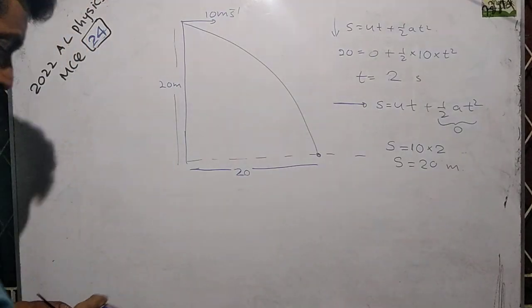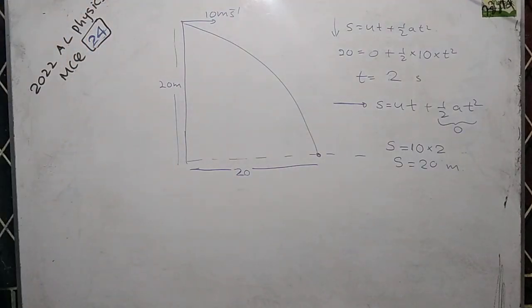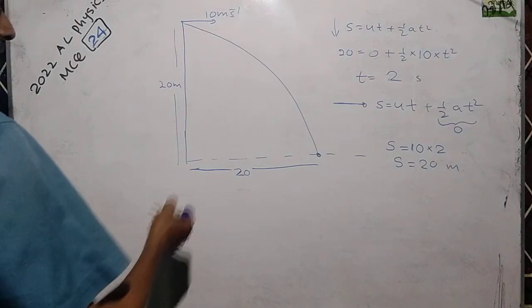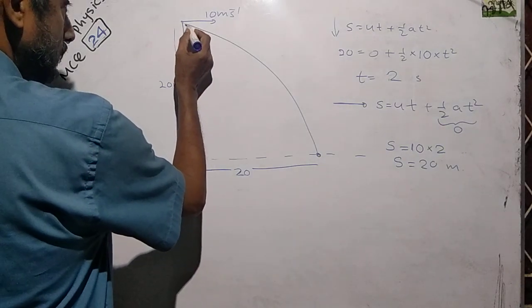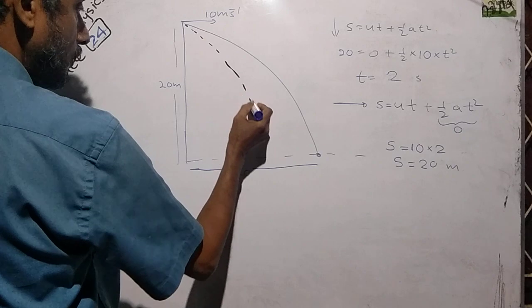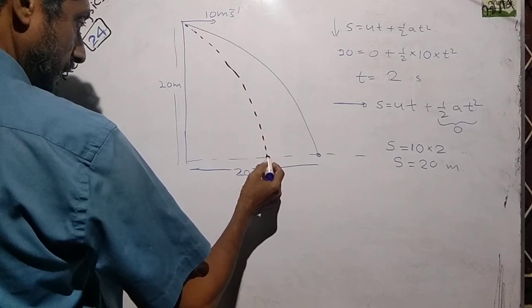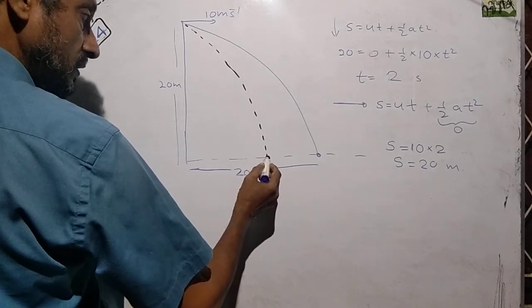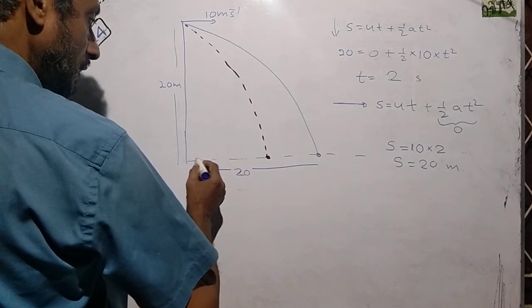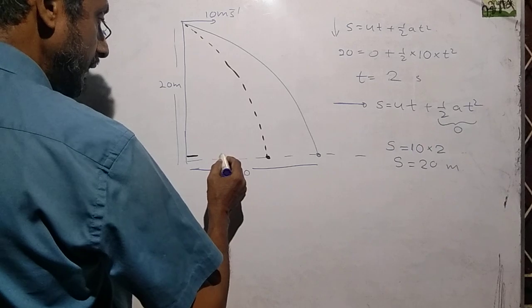Now I consider if the ball splits. One part hits the ground at this point, the distance of this part is 10 meters from the building.